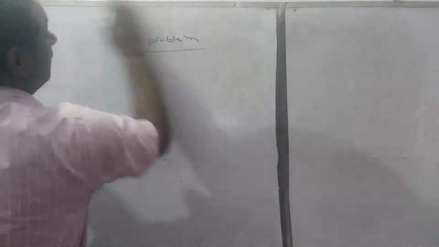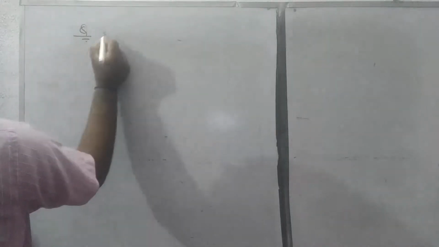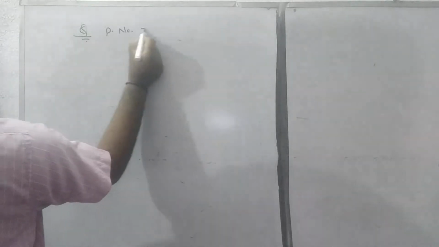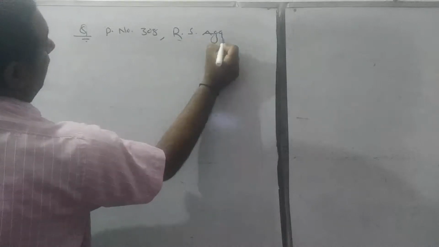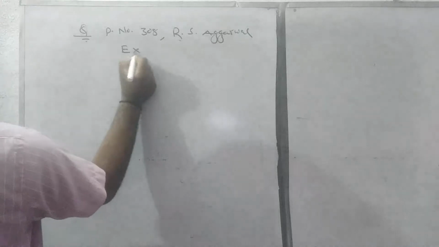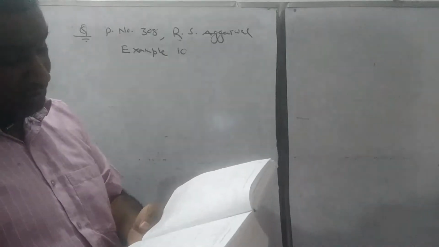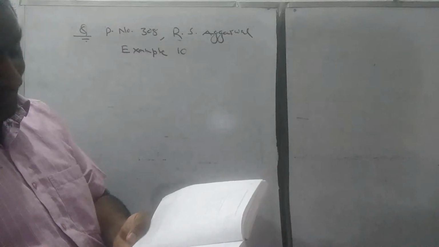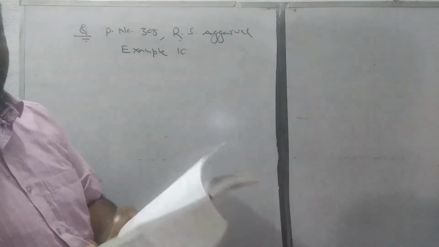So I am taking a question, page number 308, R.S. Agrawal, Example 10. The question is, a school wants to award its students for the values of honesty, regularity and hard work with a total cash award of rupees 6,000.